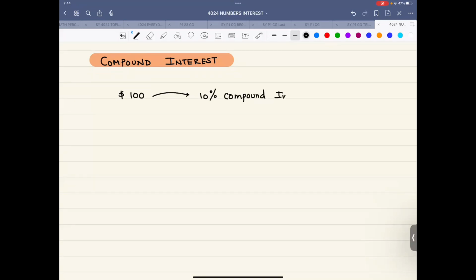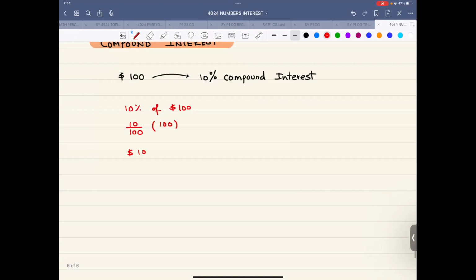What do we mean by compound interest? Let's calculate this. So 10% of $100, that is 10 over 100 of $100. That comes out to be $10.